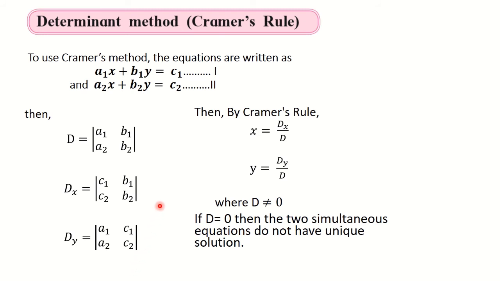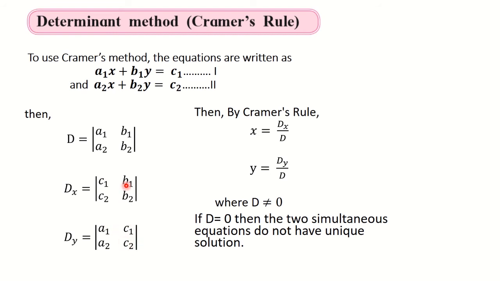When you solve the question, you write these three blank determinants first, D, Dx and Dy, leaving two lines in between. You can write down the left hand side terms in D, and in Dx here c1 and c2 as the first column, and here c1 and c2 as the second column.